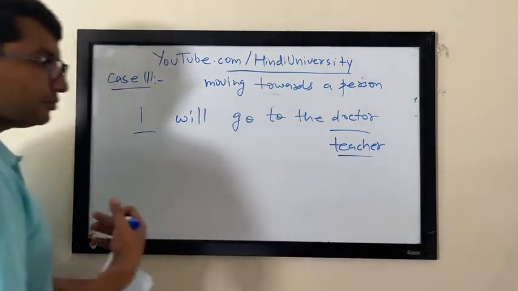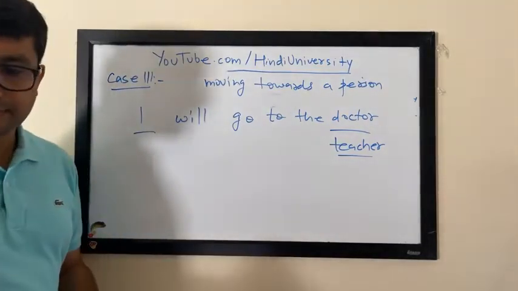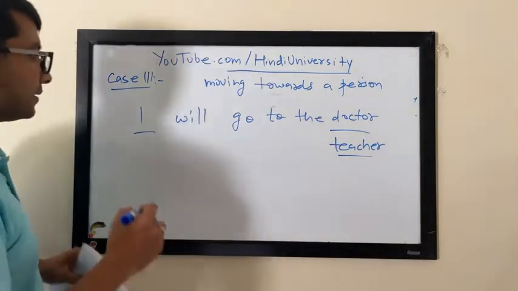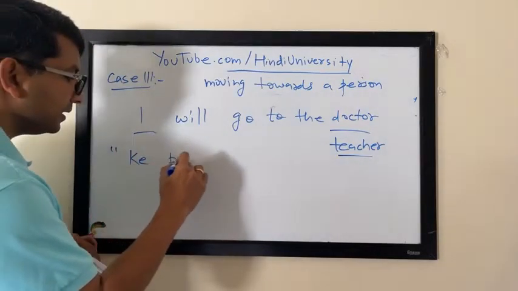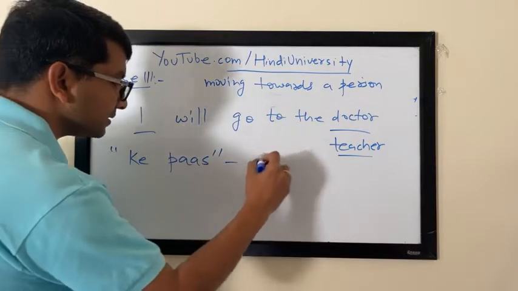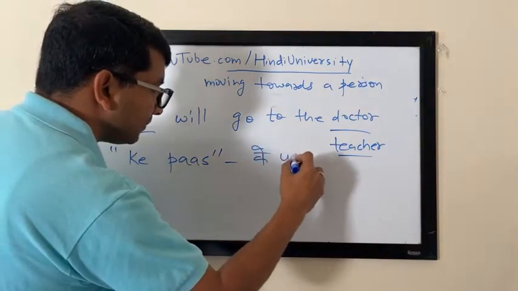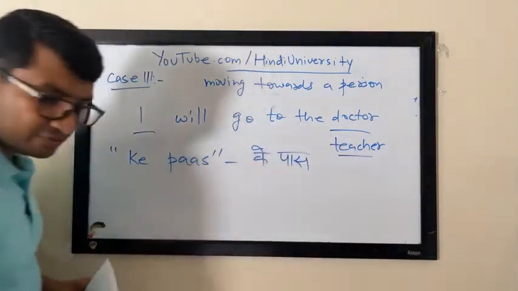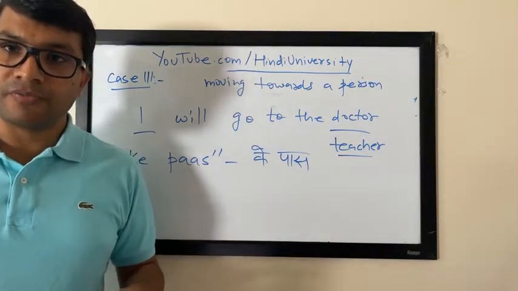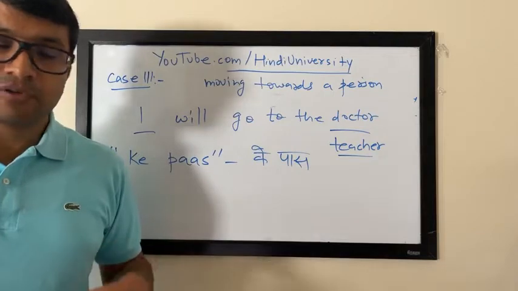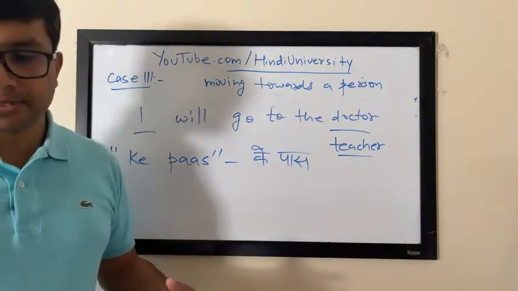Somebody came towards you or to get your advice. In those cases, you will end up using the postposition KE PAAS. KE PAAS. So you see the transition. We started with using implied ko. Okay, from there we used tak. And from there, now we are saying KE PAAS.